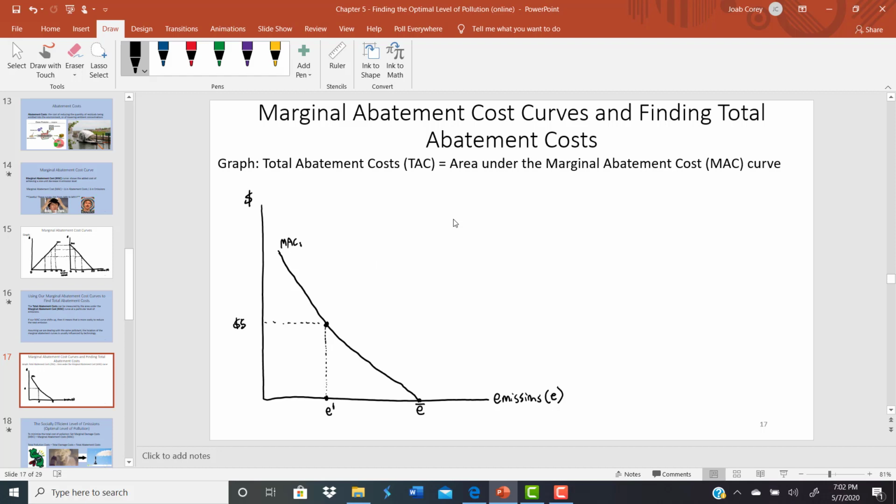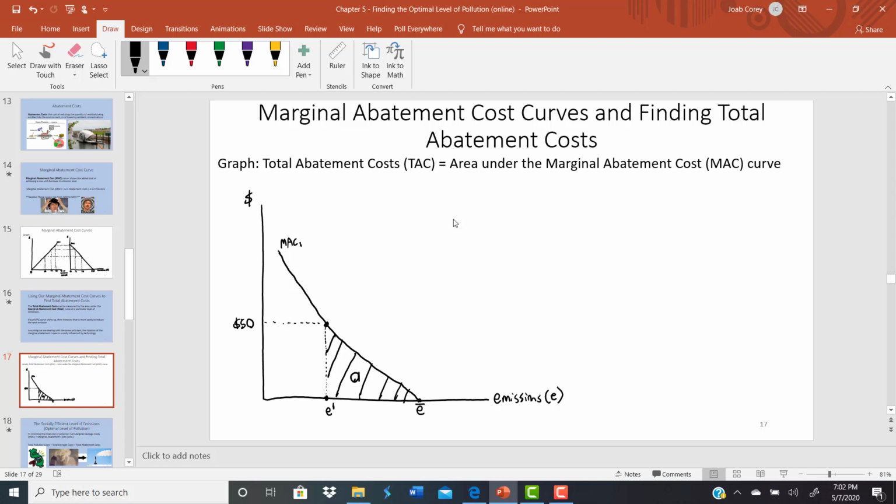We'll say for the sake of argument that maybe that's $50. And if you look at the area under our marginal abatement cost curve between the maximum number of emissions possible and the number of emissions we have, that area represents the total abatement cost of getting rid of that number of emissions. We'll call this area A here.